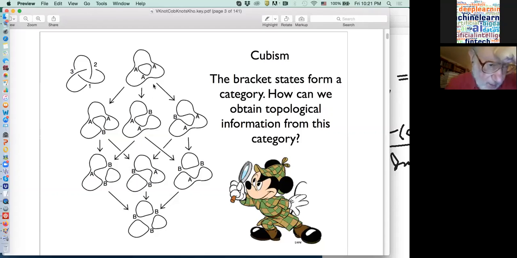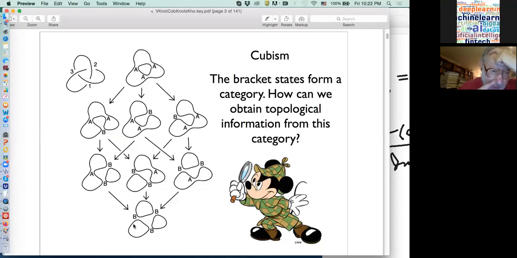The pattern of the cube can be thought of as a category, where each arrow is an arrow in the category, and the objects in this category are the states. And then, of course, you have more complex morphisms in the category, like going down vertically and then off to the left here and then down there, compositions of these arrows.